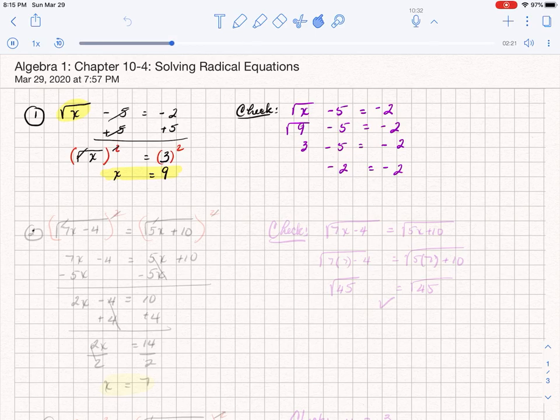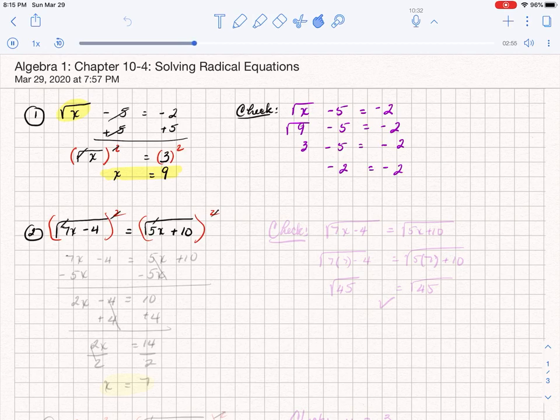In this case, you have square root of 7x minus 4 equals square root of 5x plus 10. There are radicals on both sides, so what you're going to do is square both sides. Once you square both, you can get rid of the radicals.